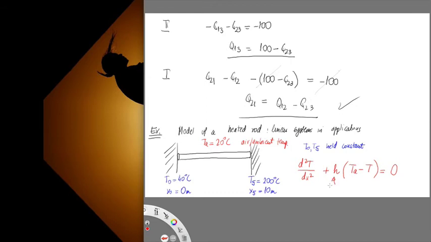This coefficient here, I'm going to give it to you. It is called the heat transfer coefficient between rod and the air, and it's 0.01, 1 over meter squared, or meter to the minus 2. So this is heat transfer between the rod and air.